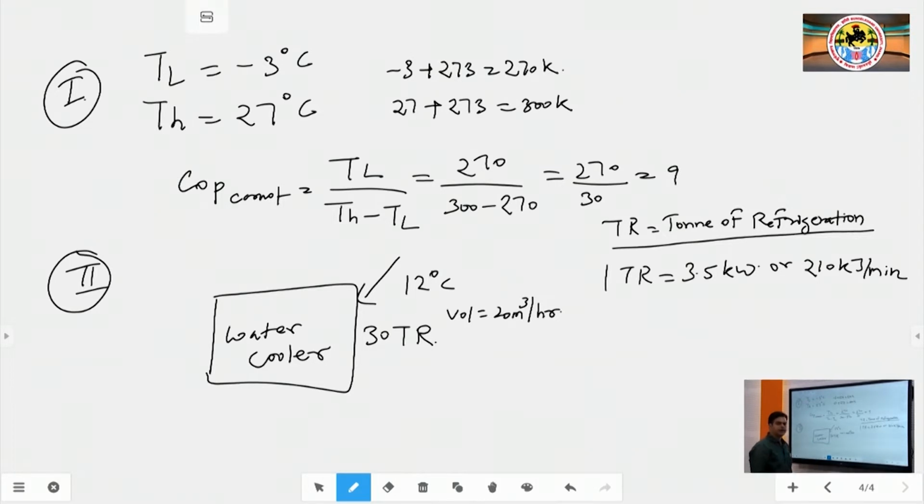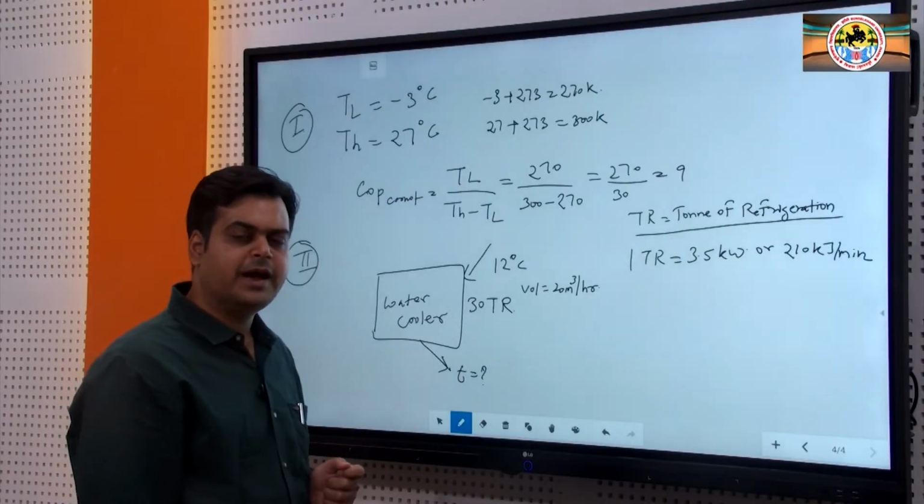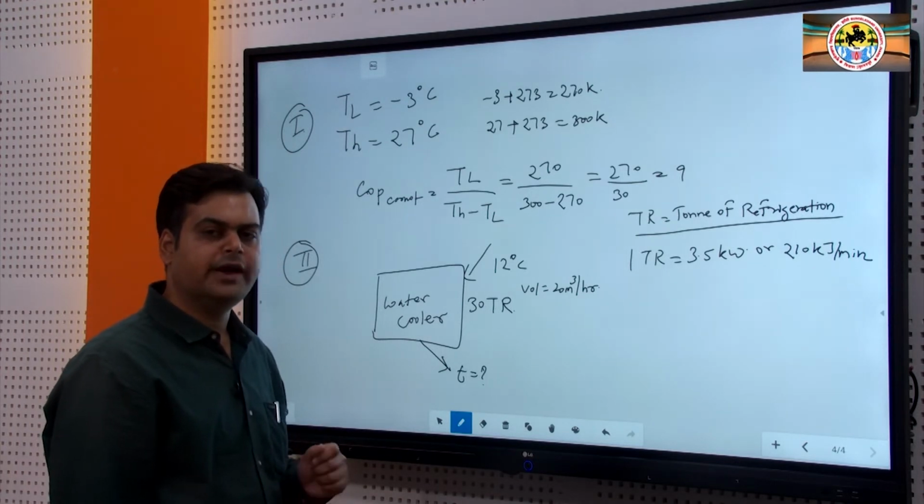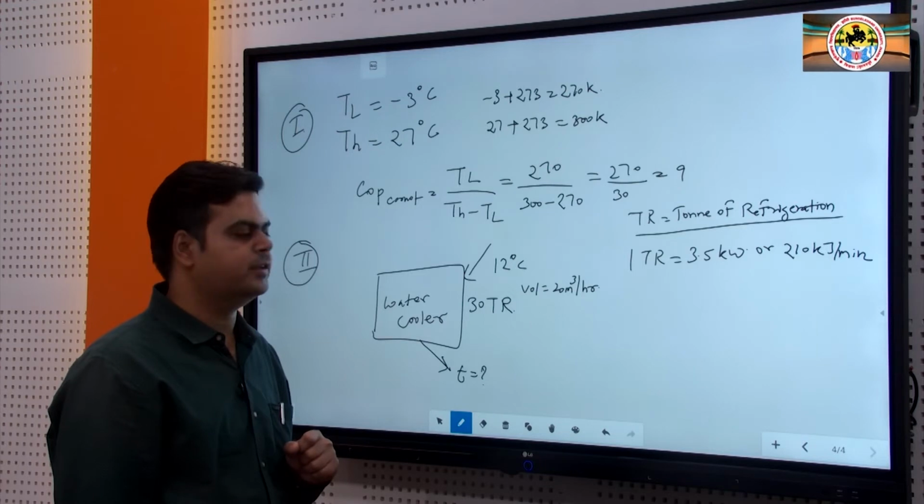What is the temperature of water leaving the water cooler? We have to find that. How much heat is lost by the water is equivalently gained by the refrigerant.